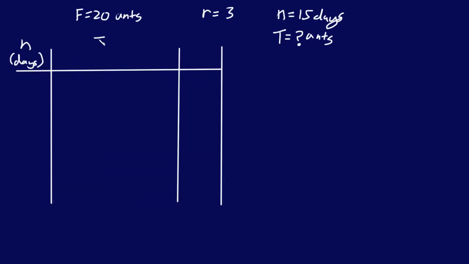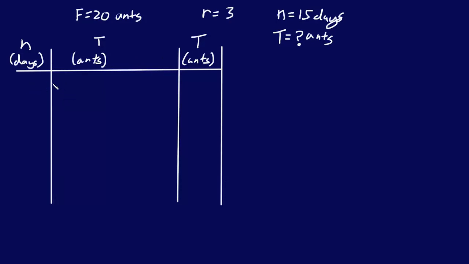And then this is total, and the unit of measurement is ants. T is just going to be our final solution, but not split up into the different factors. And you'll see what I'm talking about in a sec.